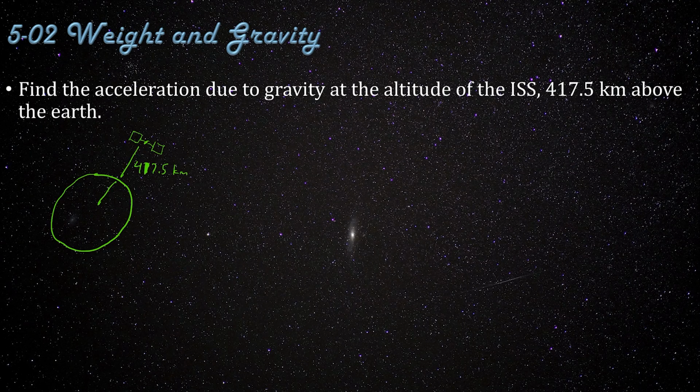But we also have the radius of the Earth. So our R is going to be 417.5 times 10 to the third meters, plus the radius of the Earth, which is 6.38 times 10 to the sixth meters, which would be 6.7975 times 10 to the sixth meters.